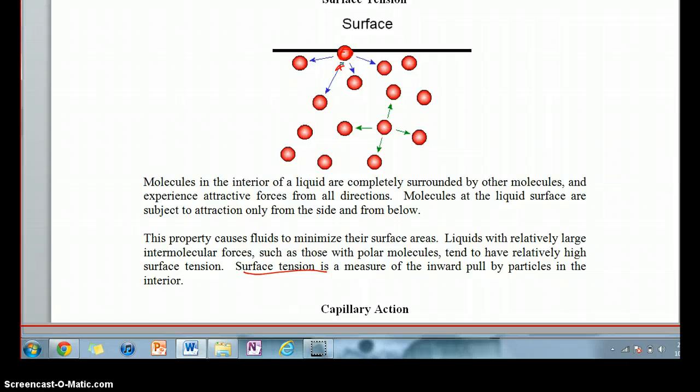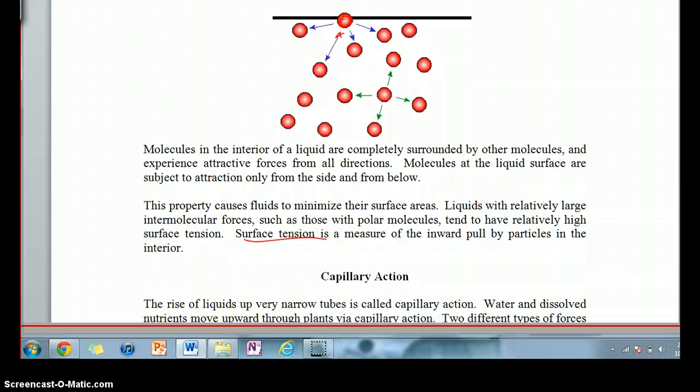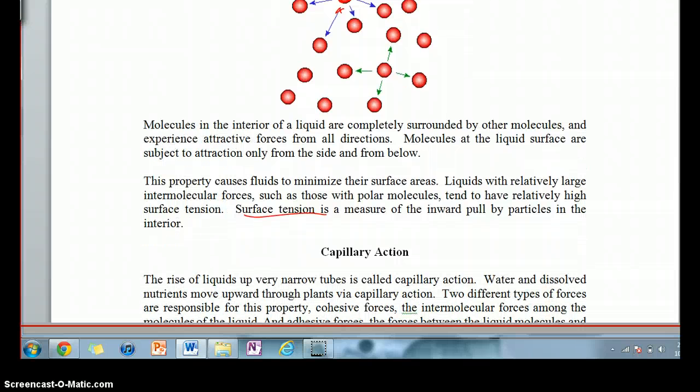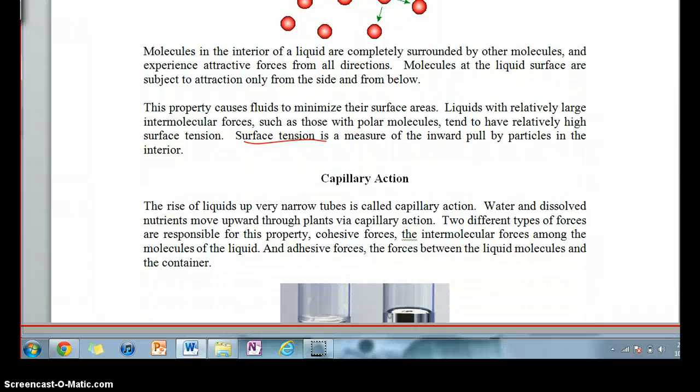The more inward pull that particle has, or the more intermolecular forces it has, the greater the surface tension.